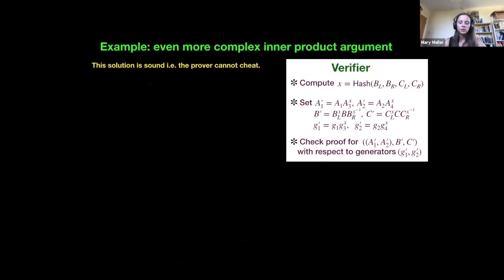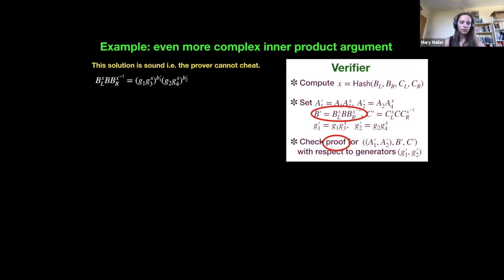Okay, so the next thing is to show that a prover cannot cheat. And the way we're going to do this is going to look very similar to the way that we did it in the 2-dimensional case. Really, the only thing that's a little bit different is how we start.